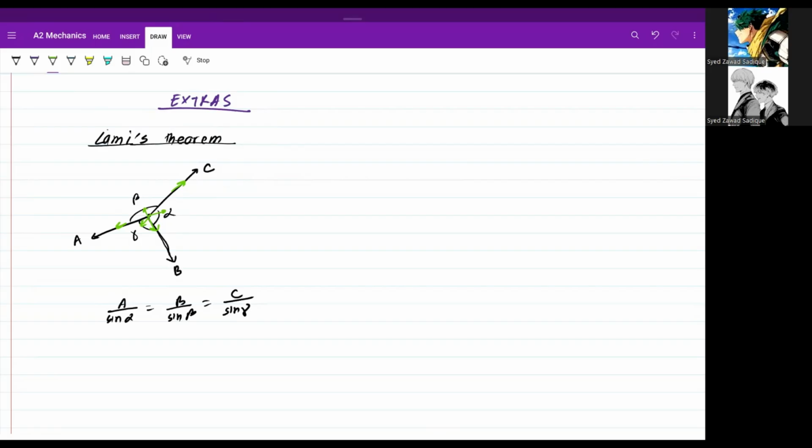Anyways, a more sophisticated way to apply this is to resolve the forces. What do I mean by resolving? Let's draw the arrows. Let's draw A. A is going this side. Then let's draw B. B is coming this side.